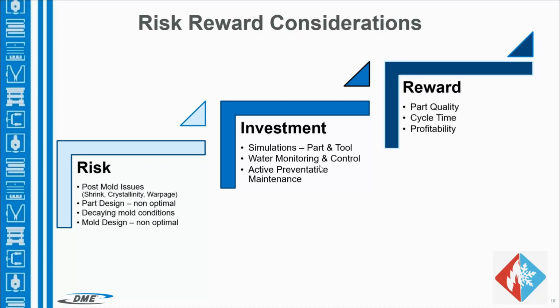So we suggest people invest in simulations. With simulations out there in today's world for plastic parts and the tooling, if you invest in material characterization and you invest in knowing what your molder's machine performance really is, you can get very finite, detailed, accurate simulation results that are going to be almost spot on, where you're not having to guess at your process before you put that mold in the machine.